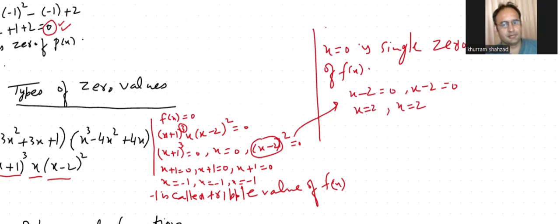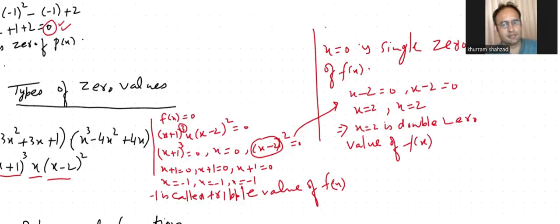So this x is equal to 2 is a double zero value of this polynomial f of x.